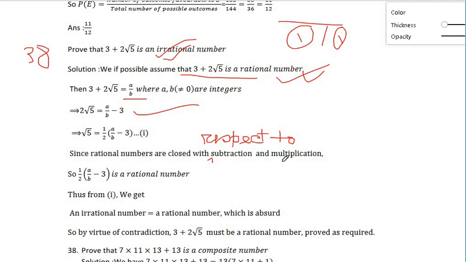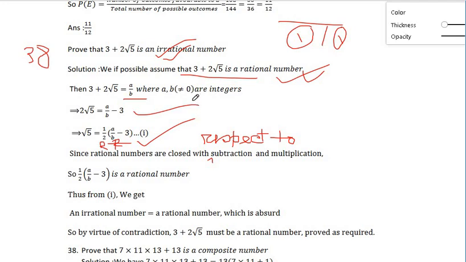If you multiply two rational numbers, the result is again a rational number. So here, a by b is a rational number and 3 is an integer, also a rational number, so a by b minus 3 is also a rational number. Again multiplied by 1 by 2, this is also a rational number, because if you multiply a rational number by another rational number, the result is always a rational number.